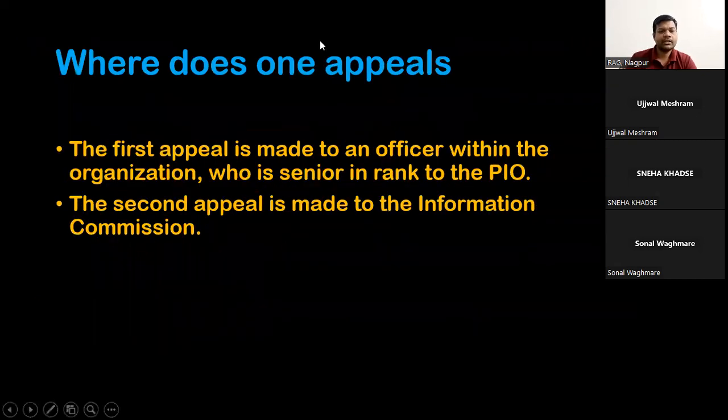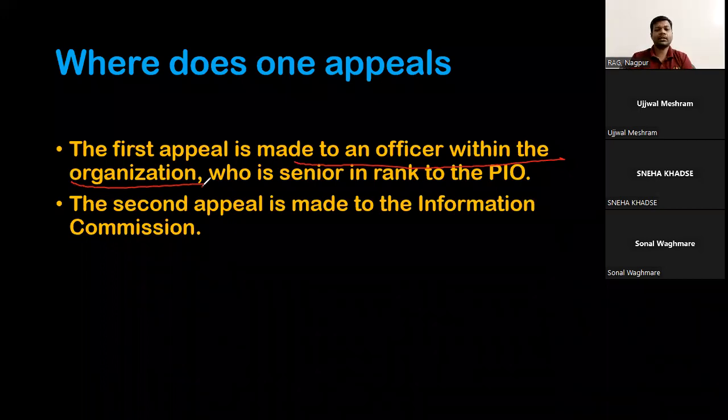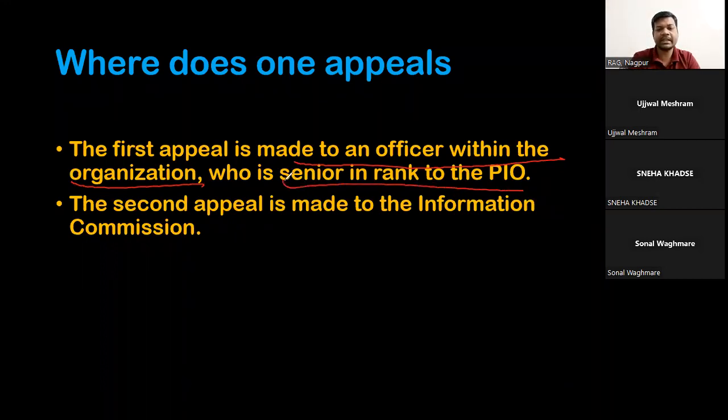Right. Now, where does one appeal? Where to appeal? The first appeal is made to an officer within the organization who is senior in rank to the PIO. So the first appeal should be given to the officer within the organization.